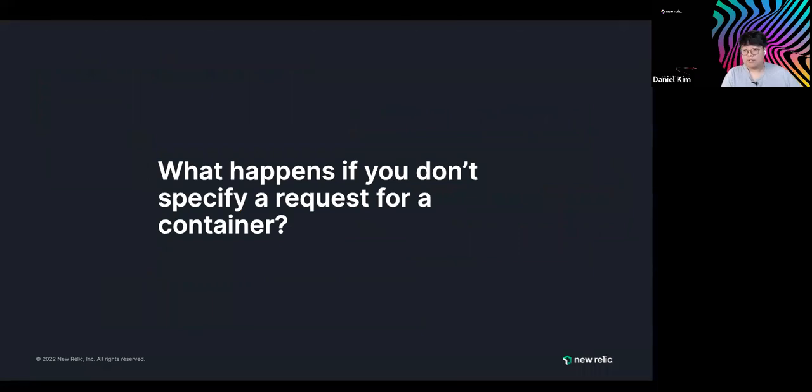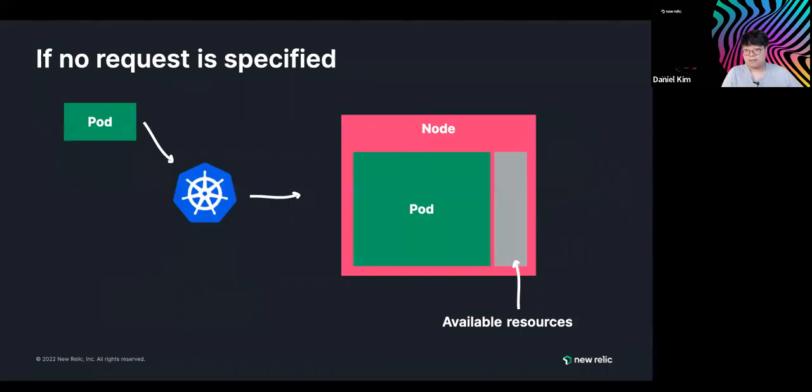So what happens if you don't specify a request for a container for memory or CPU? If no request is specified, here's what can happen. Because the Kubernetes scheduler doesn't have a minimum amount of memory or CPU that is needed to run your pod, it will place it in any available node.